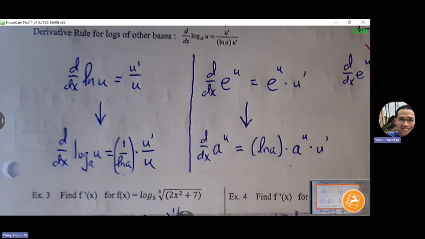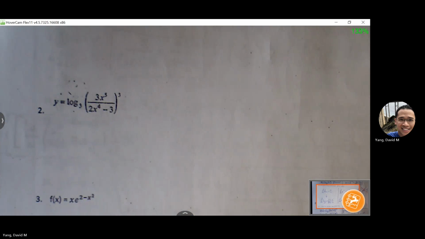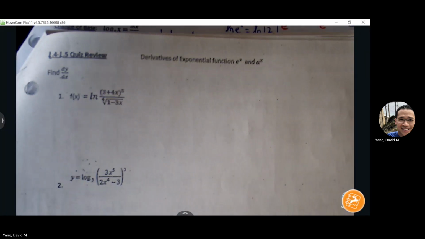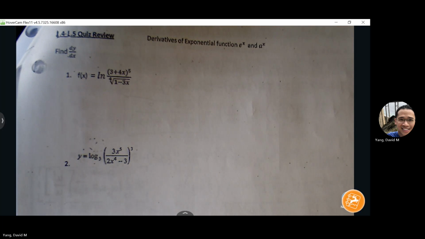Okay, let's go to page 23. All right, we have a natural log expression with a lot of messiness there.